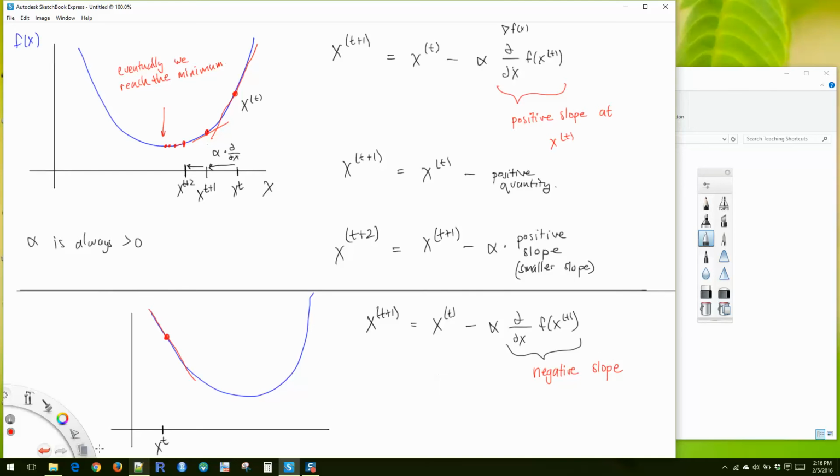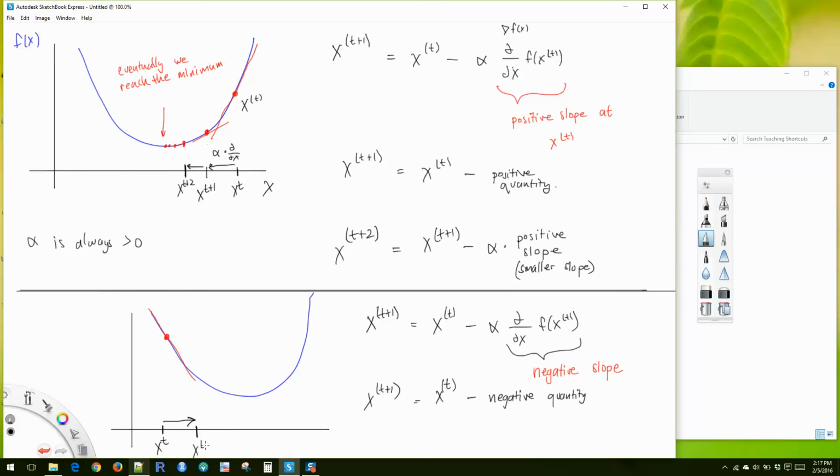Okay, and so when we subtract off a negative, we're going to be adding a positive quantity. So it'll be x of time t minus a negative quantity. Okay, so our next spot at time t plus 1 will get us, we'll move in this direction.